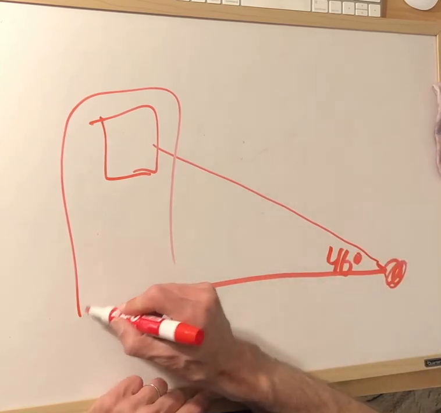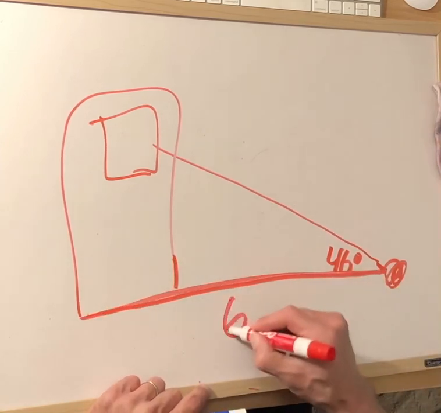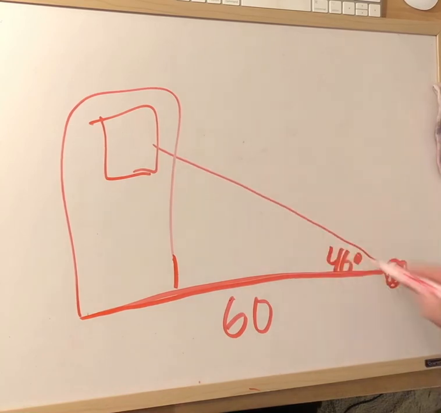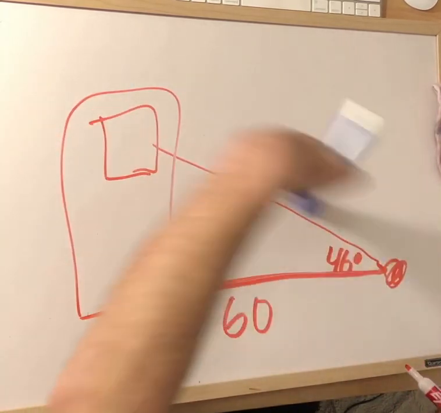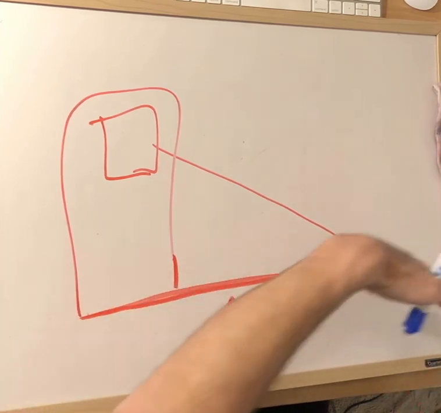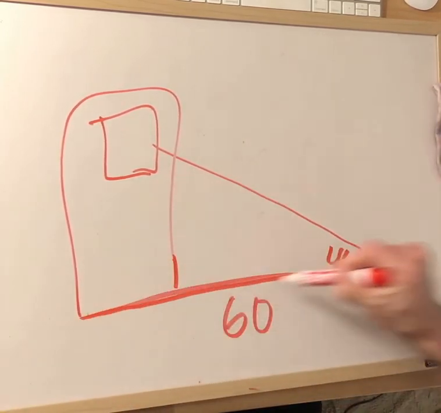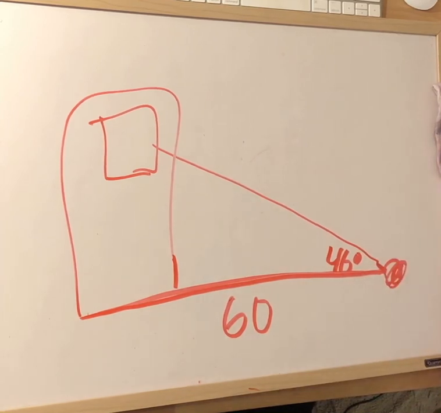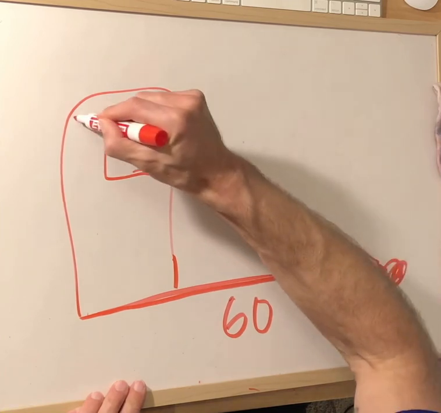So the distance from this building right here to the camera is 60. It's not this distance. That's a vertical distance. This is the actual distance when you're on the ground. And when you measure something, you don't measure it vertically. You measure it horizontally. How high above the flat platform is the window to the nearest degree?